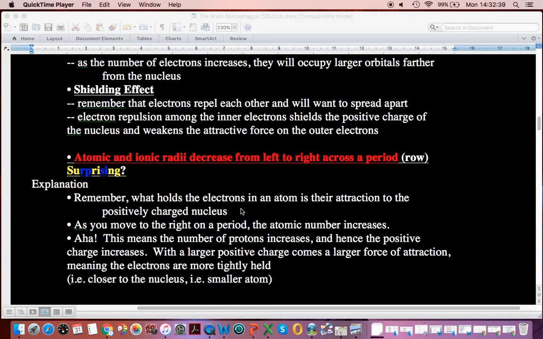So we might have sodium with 11, and by the time you get to chlorine with 17 protons, you've increased the nuclear charge, and it can hold those electrons more tightly. If it holds electrons more tightly, they get smaller. So the greater nuclear charge, despite adding electrons, is what means atoms get smaller from left to right.